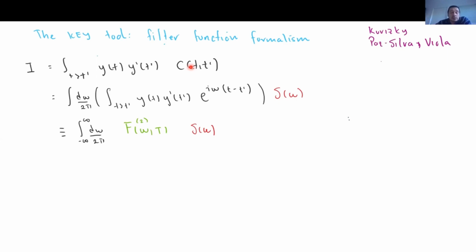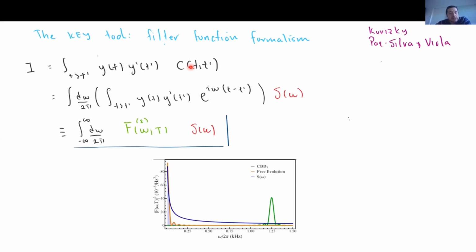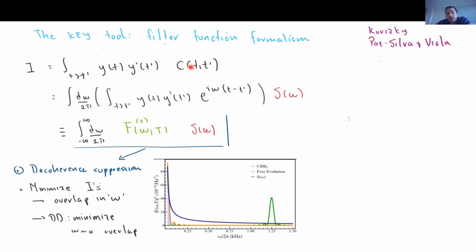This overlap integral has a very nice structure, and it is very convenient for understanding two things. The first is that you can understand coherence suppression relatively well, at least as far as unitary control goes. You can show that minimizing the coherence loss is just minimizing these integrals. Because of this overlap structure, minimizing the integral is just minimizing the overlap between your filter, which you can control by controlling your pulses, and the spectrum of the noise.